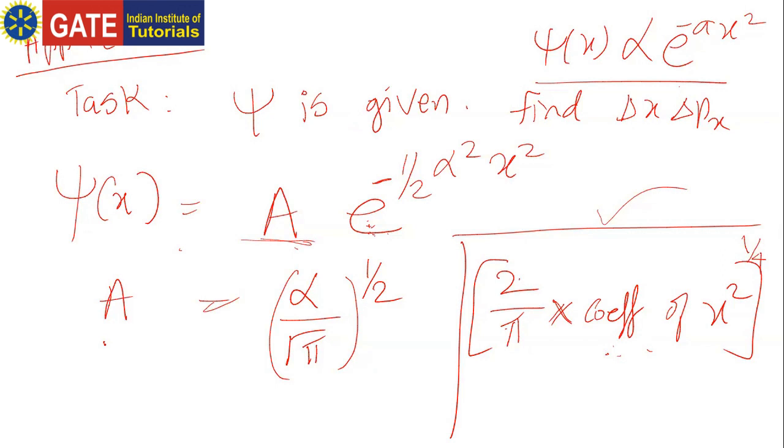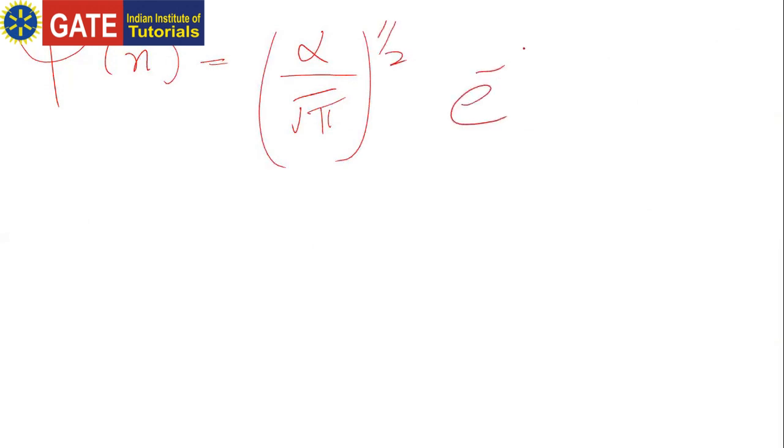Okay, now we know the value of psi of x. Psi of x is equal to alpha by root pi, all power 1 by 2, into e power minus half alpha square x square. Now we are going to find delta x into delta px.